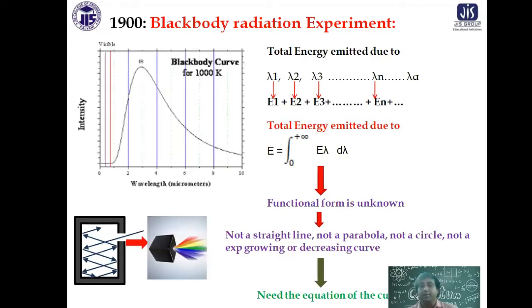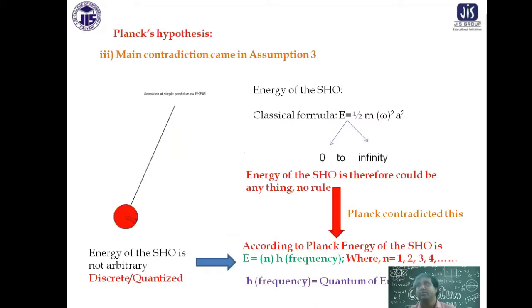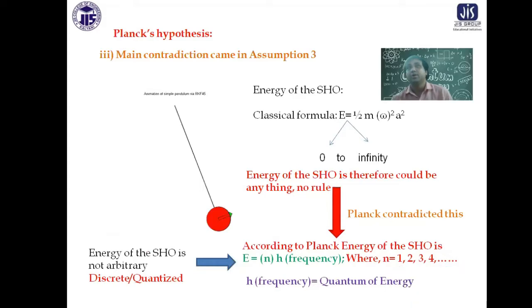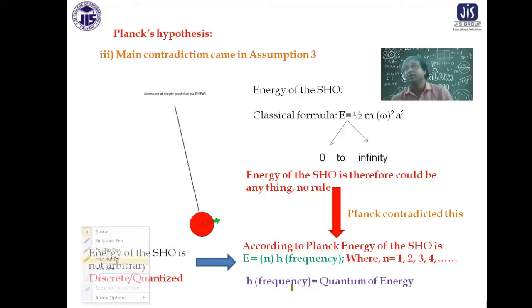And our problem was that we did not have the right expression of V lambda. We tried to get it, and Planck was the person to give the correct formula with that idea that energy could be discrete. This idea is the first breakthrough in the development of physics. Energy of an object could be discrete.